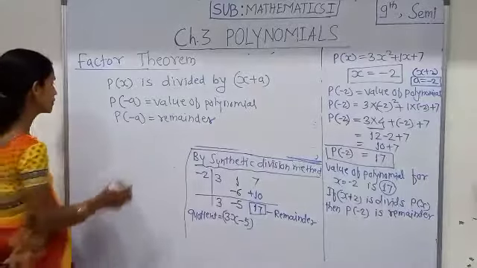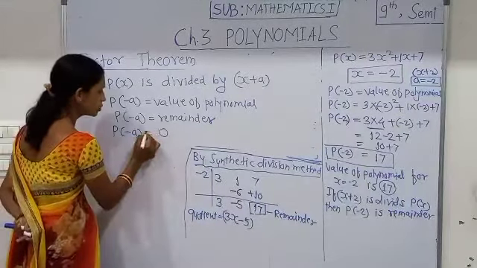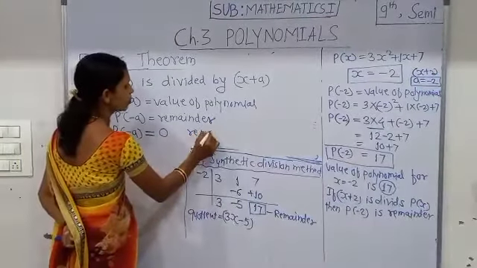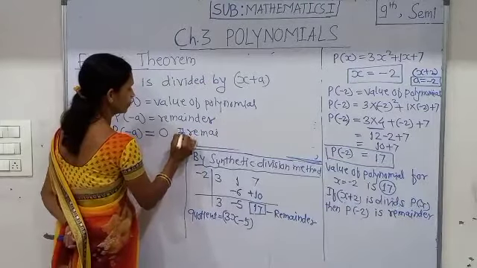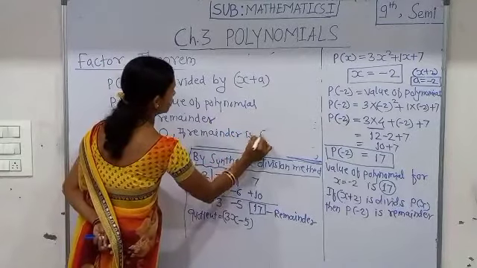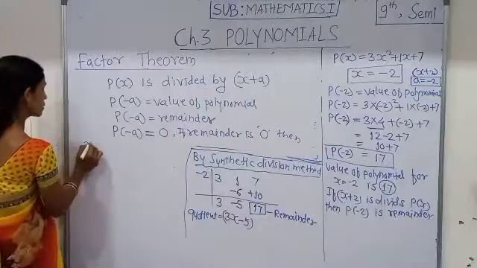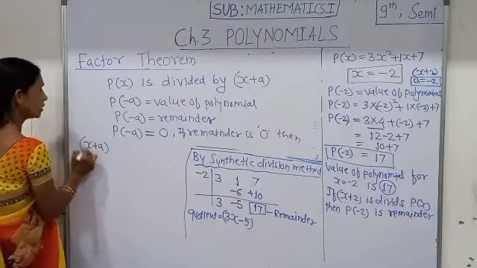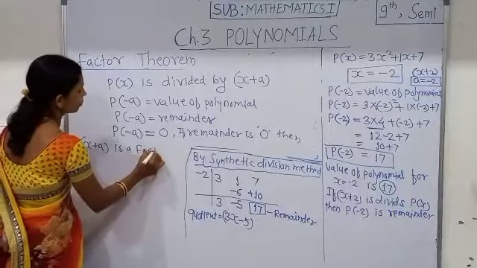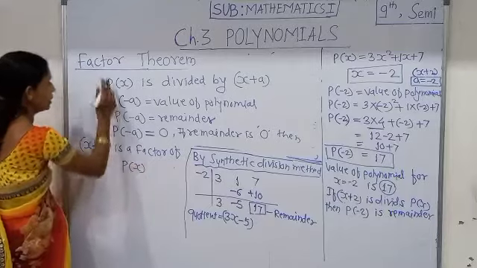And if p(-a) is equal to 0, that means the remainder is 0. If the remainder is 0, then x plus a is a factor of the given polynomial p(x).